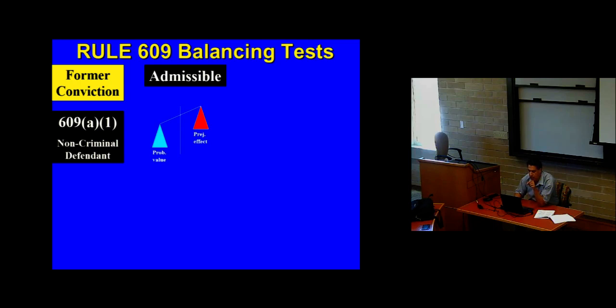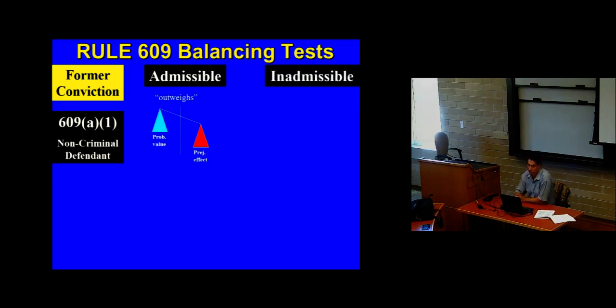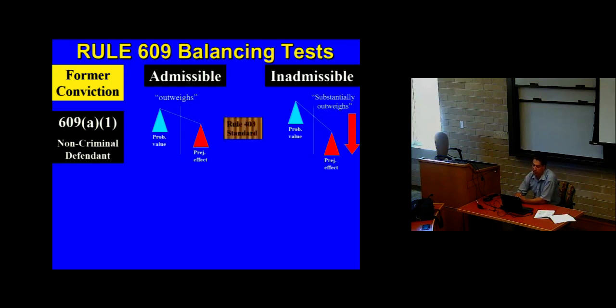So, the probative value outweighs it, it's even with, or even if the prejudicial effect outweighs the probative value, that conviction is still admissible, because even if it outweighs it, it doesn't substantially outweigh it. For a former conviction to be used against a non-criminal defendant witness, usually it's going to be admissible, but for it to be inadmissible, we have to have this situation where the prejudicial effect substantially outweighs the probative value. And that's our Rule 403 standard.